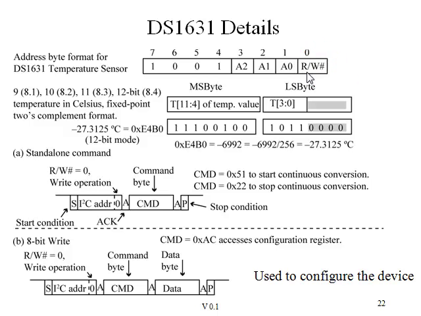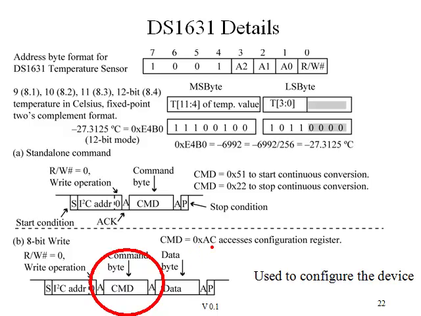In the most straightforward case of doing a write, here's what a transaction will look like. As always, we begin with a start. We move immediately to sending that address with the write bit set to a 0 and receive an acknowledgement from the thermometer. Next, we're going to send the command byte, an 8-bit value.